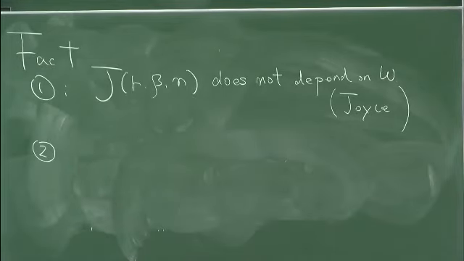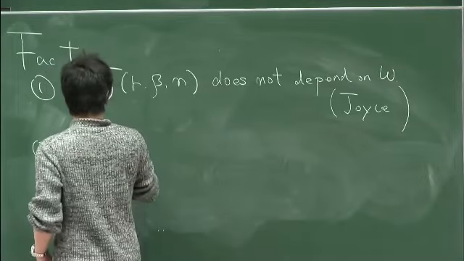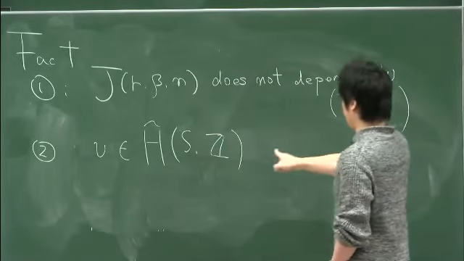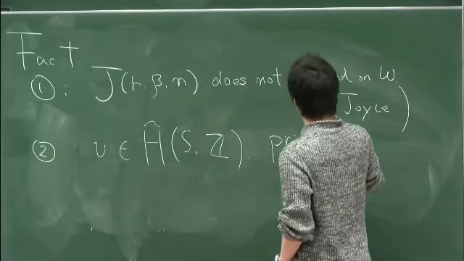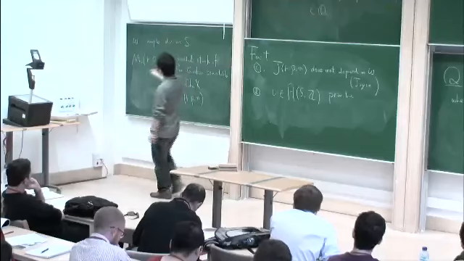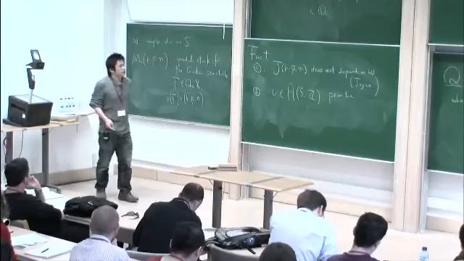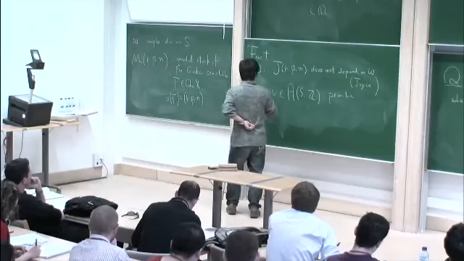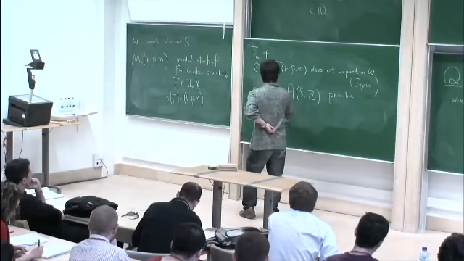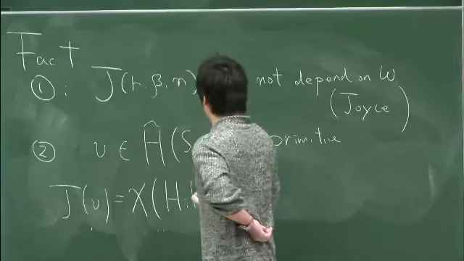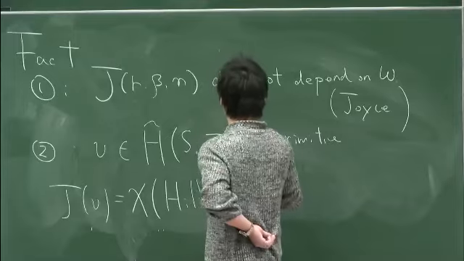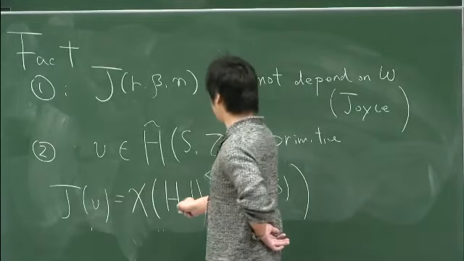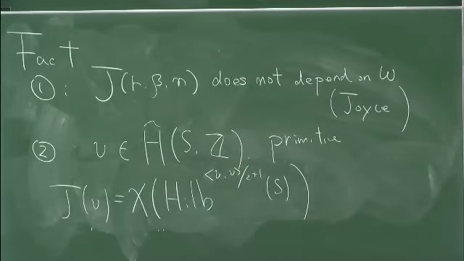And secondly, if the Mukai vector is primitive, then this moduli space is essentially deformation equivalent to the Hilbert scheme of points on the K3 surface S. So J(v) is equal to the Euler characteristic of the Hilbert scheme of points on S. So here is the usual Hilbert scheme of points.